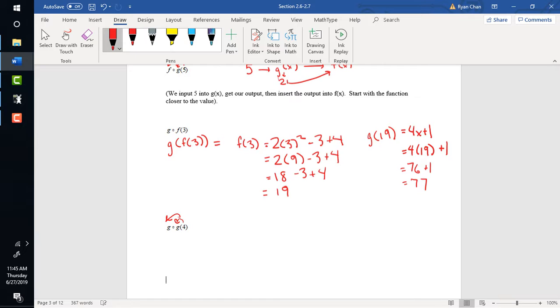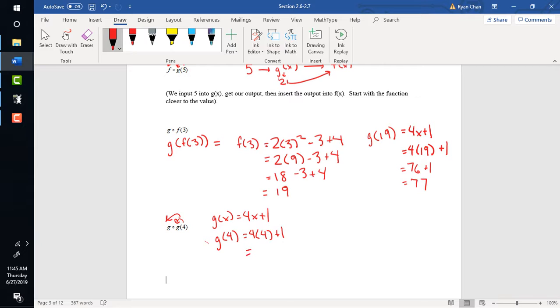Let me just rewrite this, but g of x we said is 4x plus 1. So I'm going to plug 4 into g of x, and then the result will also go into g of x. So g of 4 is going to be equal to 4 times 4 plus 1.